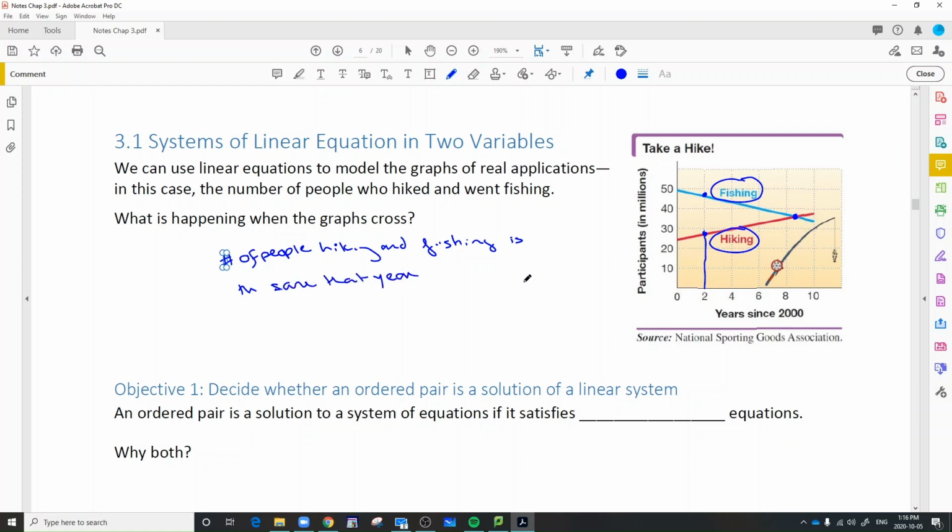So it's something that is a solution for both of the equations. This is what we're going to be exploring: how do you find the solution of a two-variable system when there's a system of equations you're satisfying?